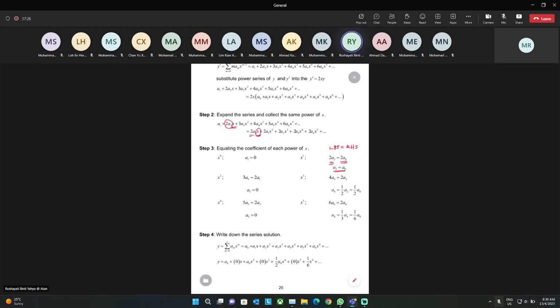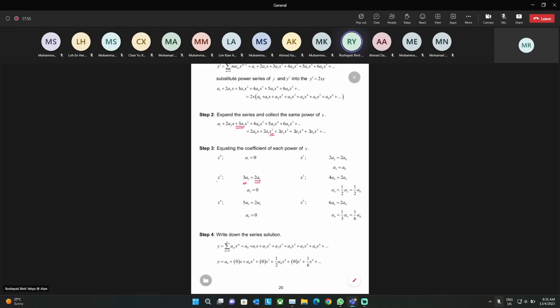And then x to the power of 2, x squared. Look at your left hand side, x squared here, 3a3. And on the right hand side we have x squared here, so you have a1.